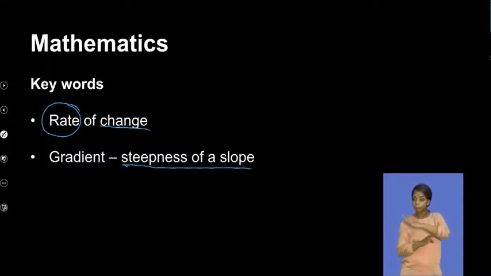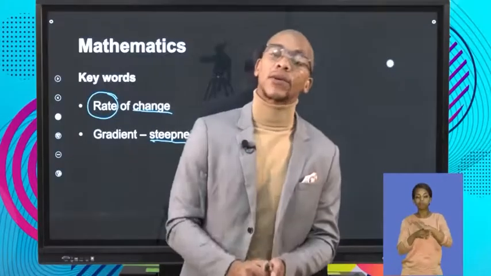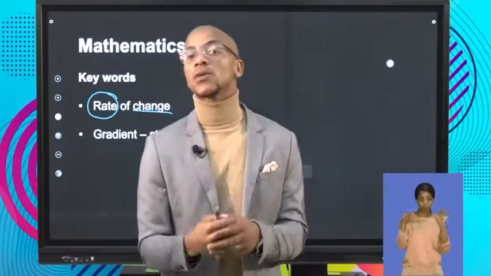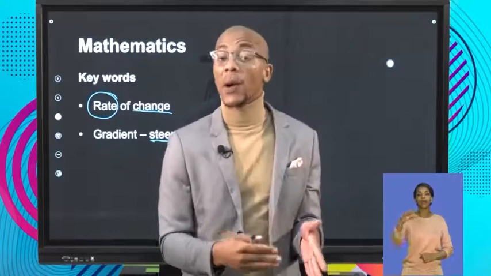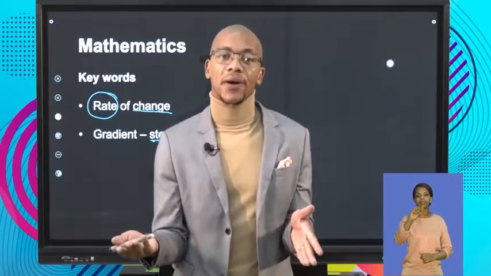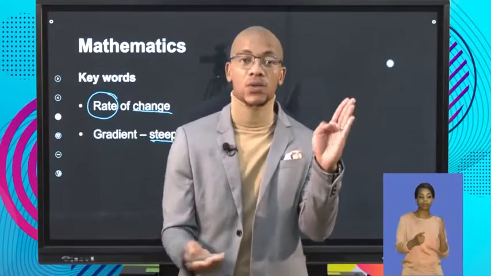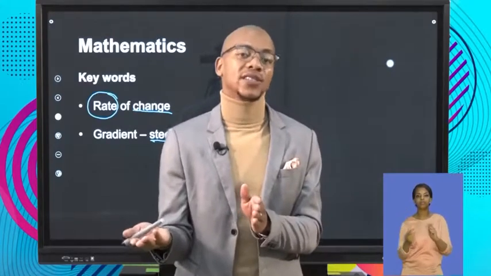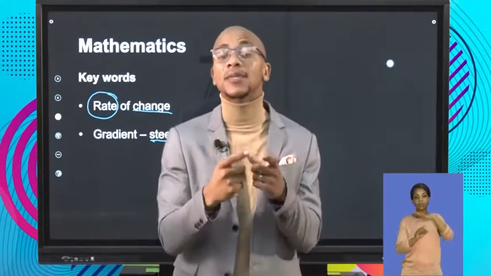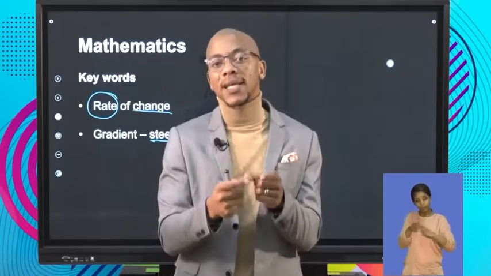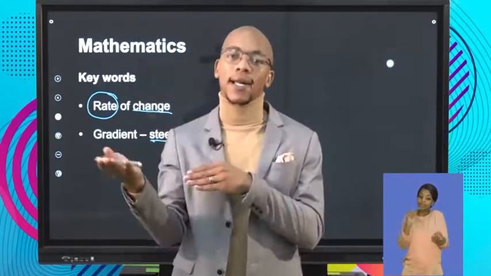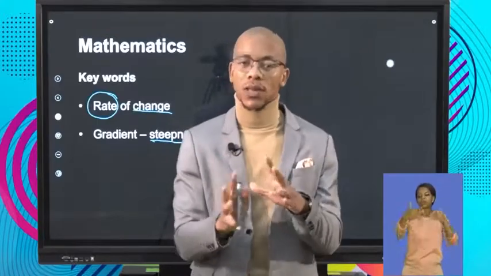So the rate of change is measured as the gradient. Remember, our gradient will normally be the change in our rise over the change in our run, meaning the change in the y values divided by the change in the x values. And that steepness of that slope will then tell us what the rate of change is over time of this particular growth that we are talking about.